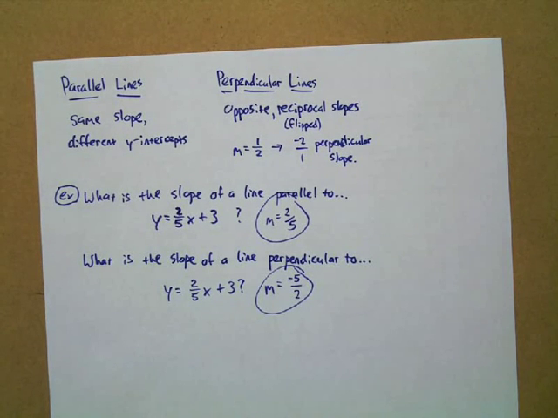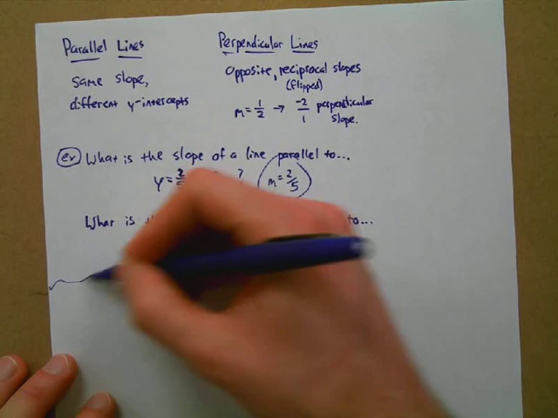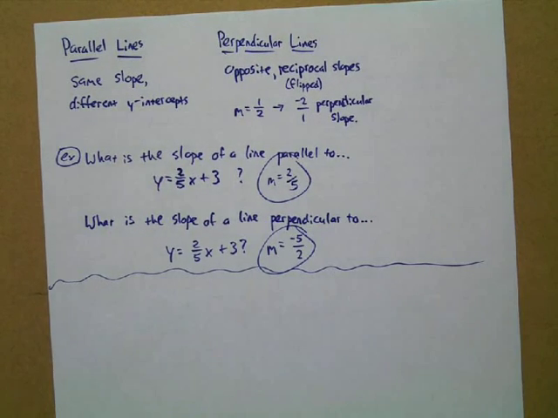All right. So now let's take a look at writing equations of lines. This is kind of the last thing that we'll look at, because this really brings in everything that we just talked about.